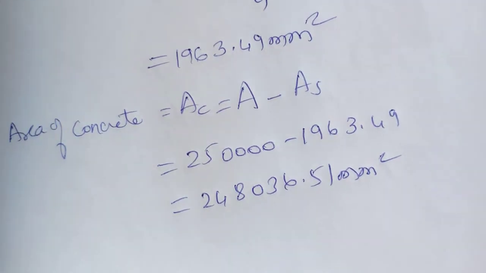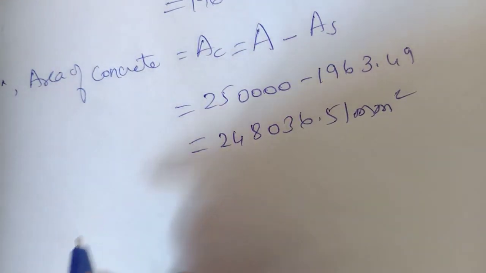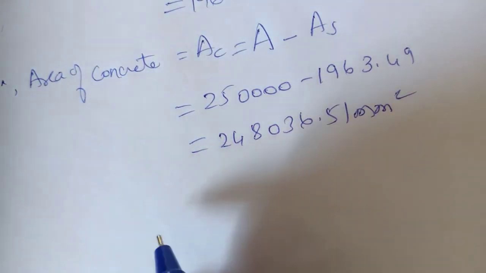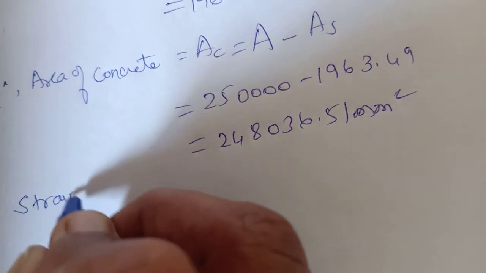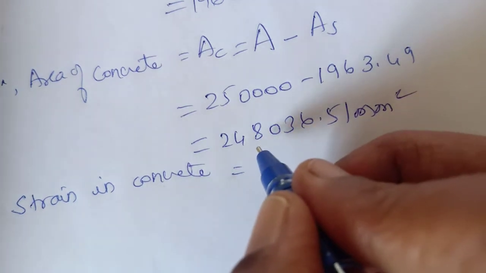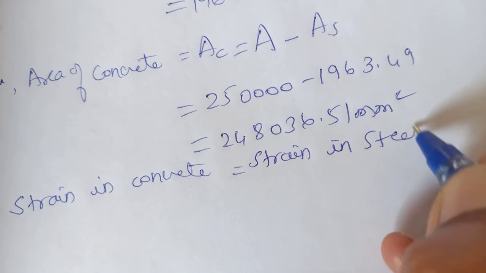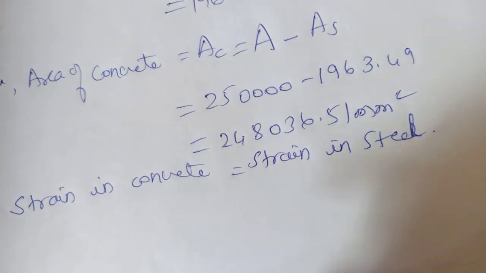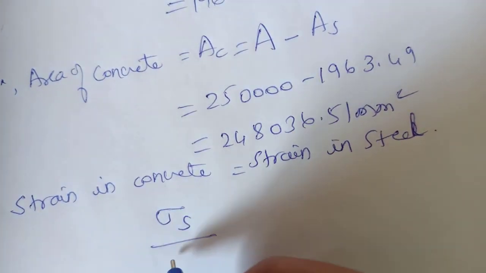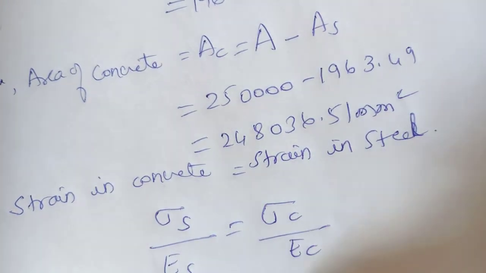Now we shall find the stress in steel. So according to our assumption, because they are fixed, strain in concrete is equal to strain in steel. So sigma S by ES is equal to sigma C by EC.